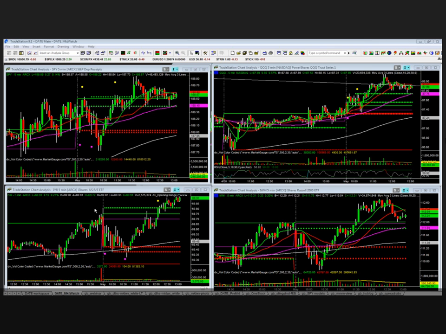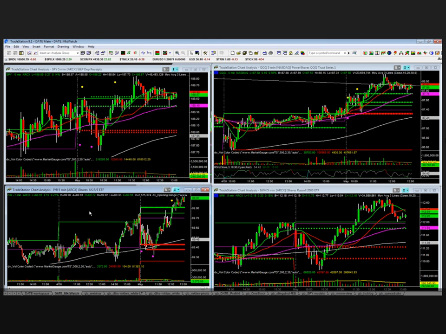So if we stick with IYR, and I know that this green line is yesterday's high, I'm going to go back at yesterday and see, well, what happened there? And the fact of the matter is that yesterday's high was set by the last two 5-minute bars.